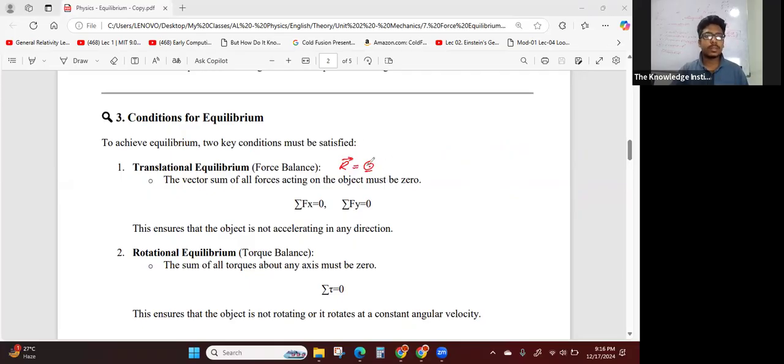That means the magnitude is zero. The vector sum of all forces acting on the object must be zero. Now, let's say this is the resultant. You can think of the resultant as the resultant of two perpendicular components, Fx and Fy.